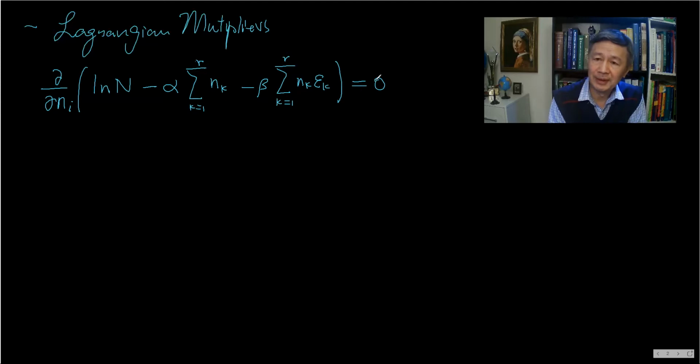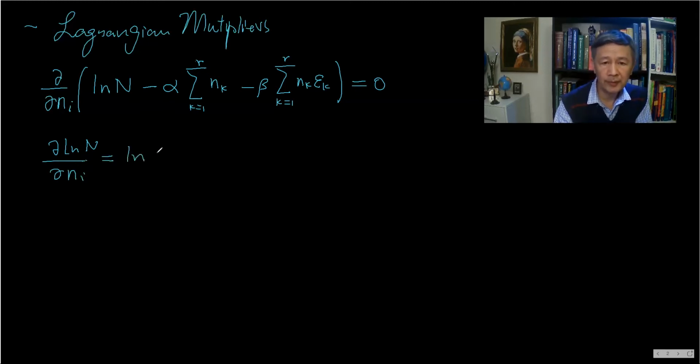It doesn't matter, we can do that because so far we have done the first. On the first page we have done that. So we first know that the partial derivative of log N with respect to ni is simply equal to log n over ni. Okay, double check.